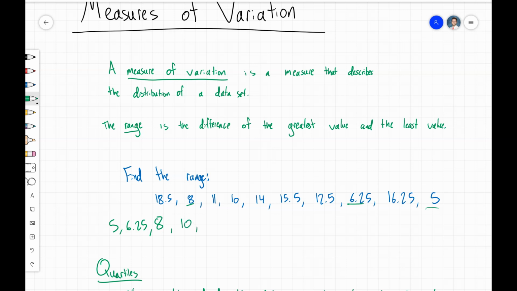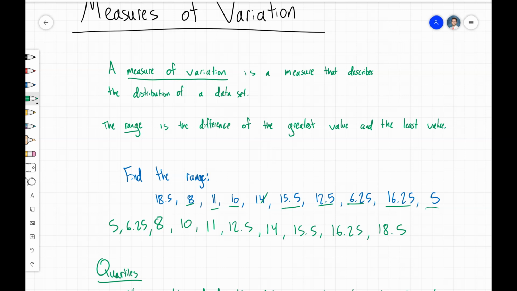Then we've got 10, and then 11. Then we have 12.5. Then we have 14. And we have 15.5, and 16.25, and 18.5. So these are all a bunch of different numbers.